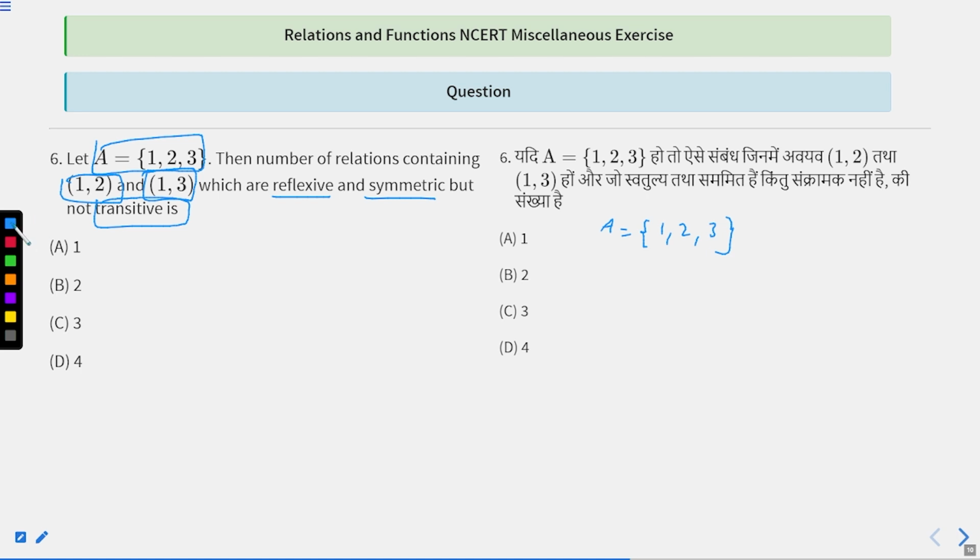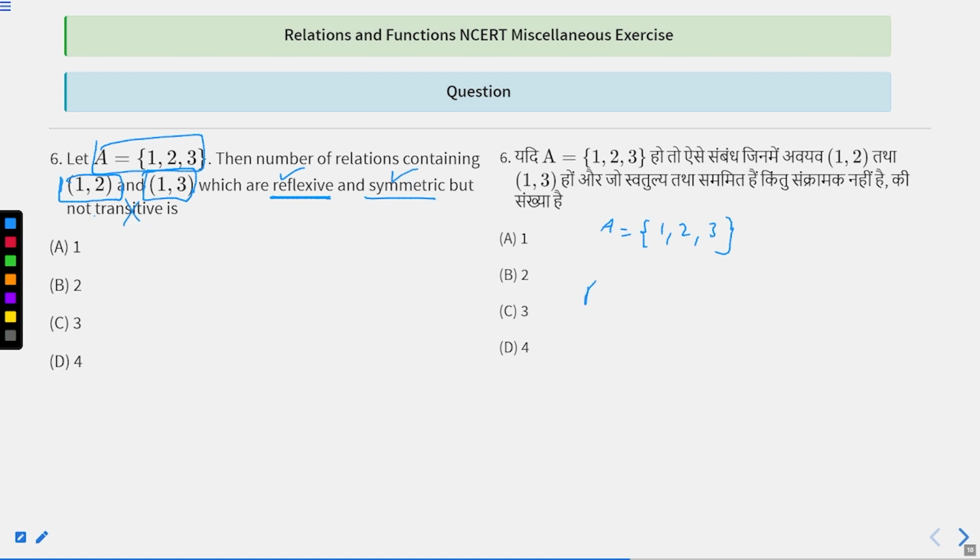Okay, so let's begin with what we are given. We have to find such relations such that this pair and this pair belong to the relation, and the relation we are going to make must be reflexive as well as symmetric but not transitive.